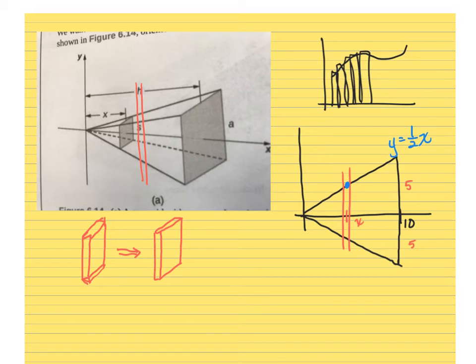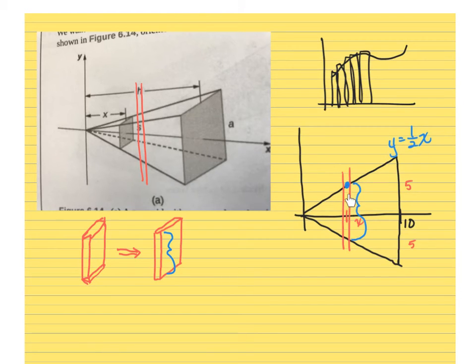So, in particular, I need this because that is this dimension. All right. So if I go over a distance x, like I did in my picture here, then if I plug x into the function, I get 1/2 x.